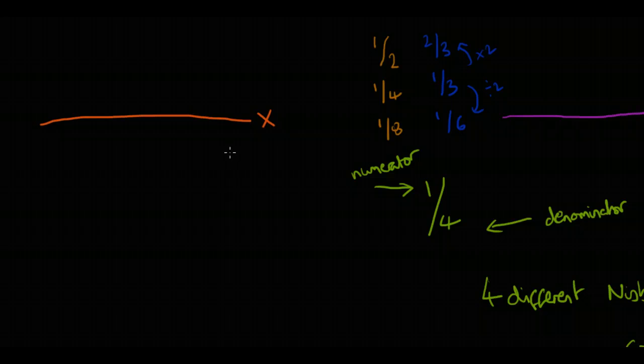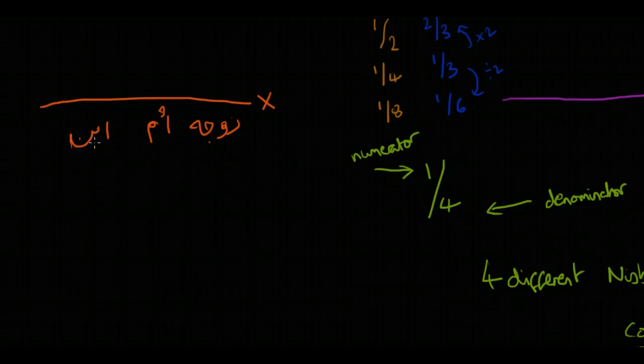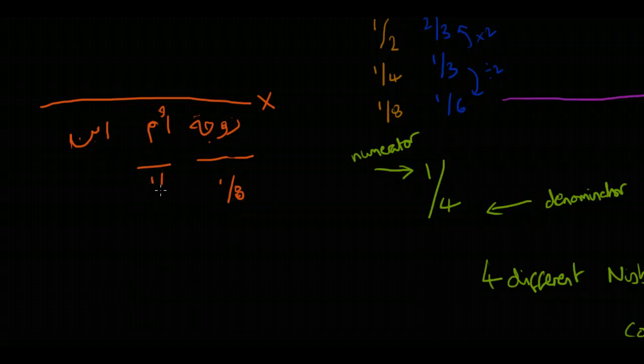We have our beneficiaries, and let's use the zawja, the wife, and we can have the mother, and we can have a son. We'll find out soon enough that the zawja in this situation would receive an eighth, the mother would get a sixth, and the son would get asaba, the remainder.